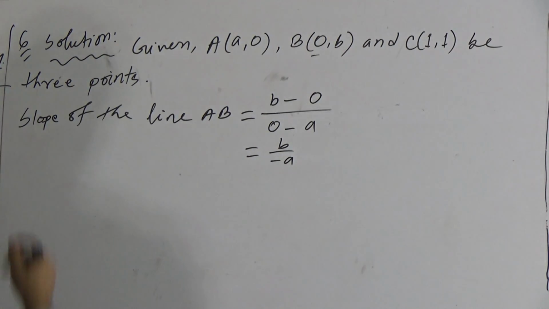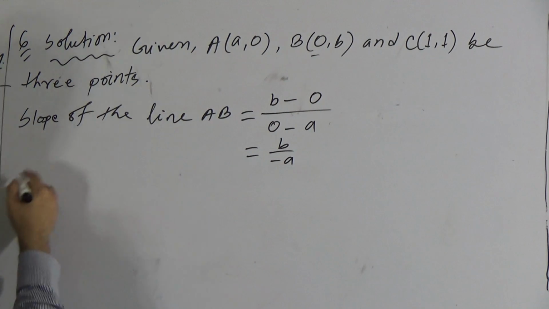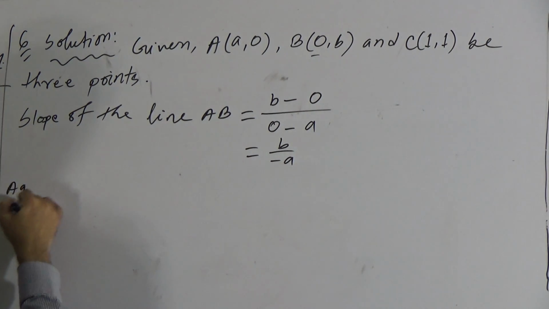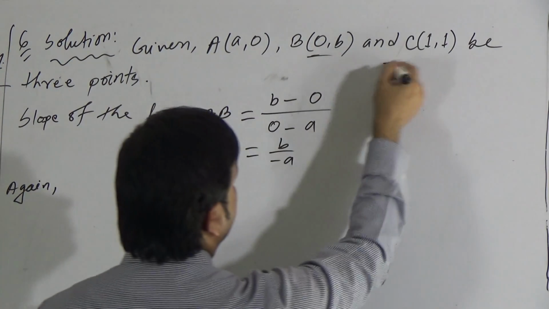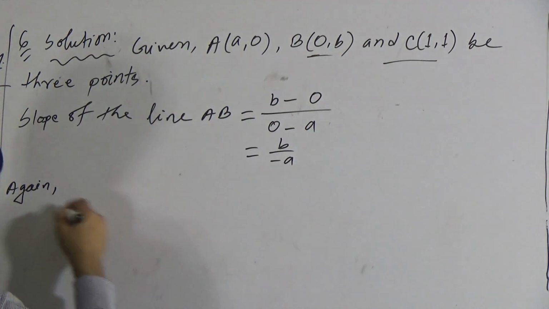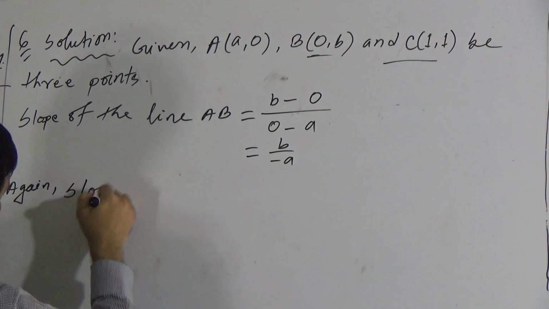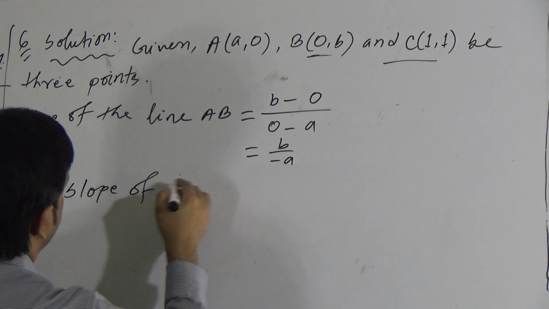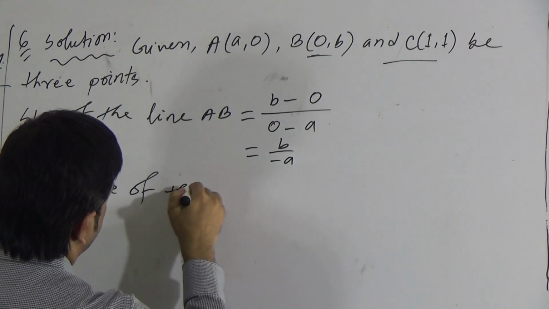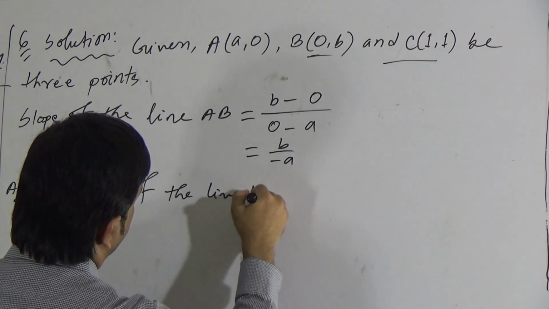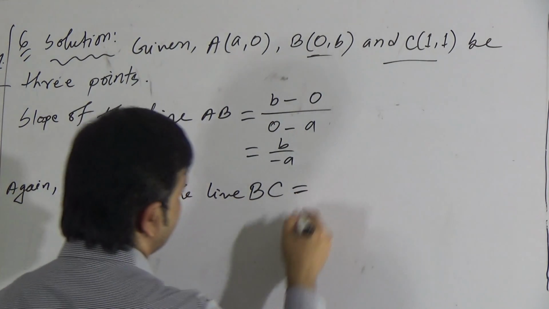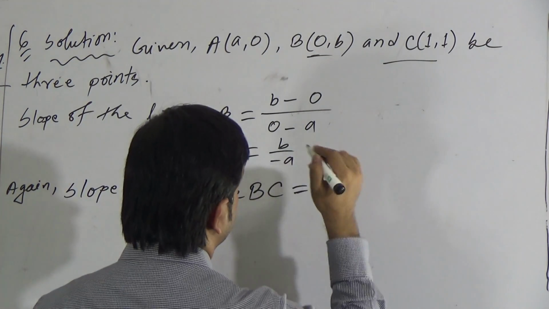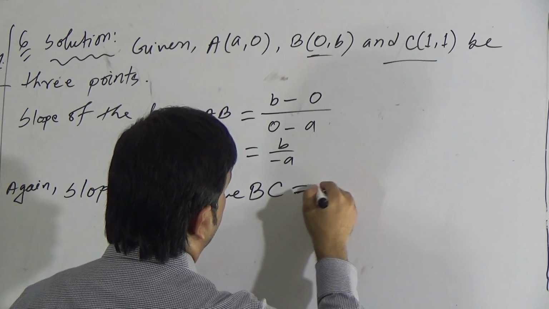So we can write now again slope of the line passing through point B and C, it means slope of BC, that will be equal to y2 minus y1 over x2 minus x1.